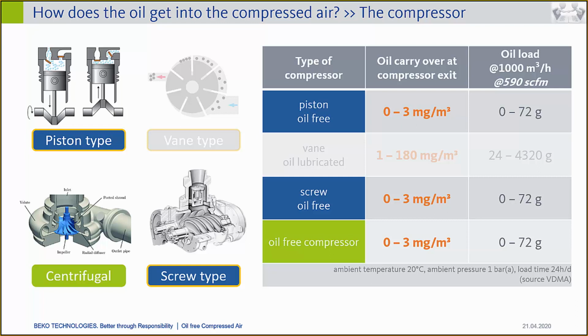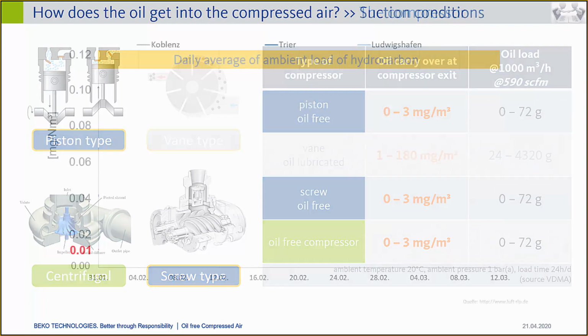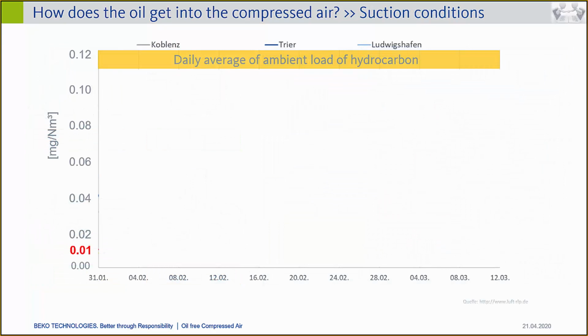There is one institution here in Germany that measures in certain areas the amount of hydrocarbon in ambient air, and that's what I would like to show here. That's a federal environmental agency in the middle of Germany, and the source is also mentioned at the bottom of the slide.